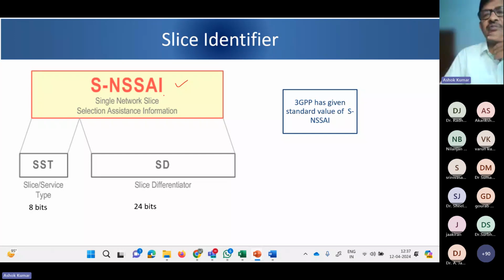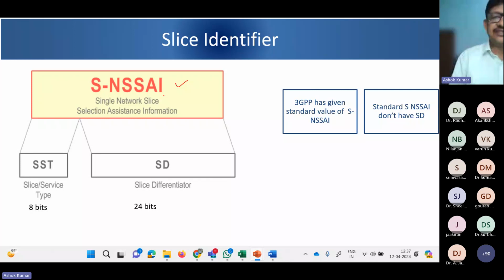They have given those values, and these standard slices are defined with 8 bits only. You don't require SD. When there are standard values given by 3GPP, it is represented only with the 8 bits. You don't need this slice differentiation.